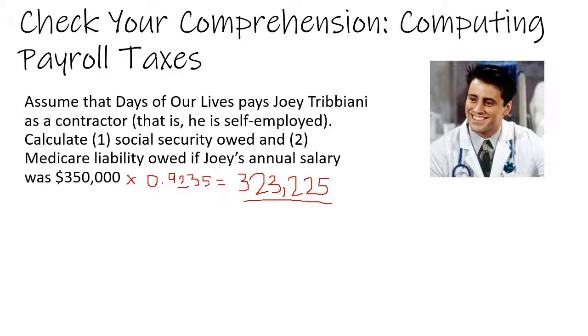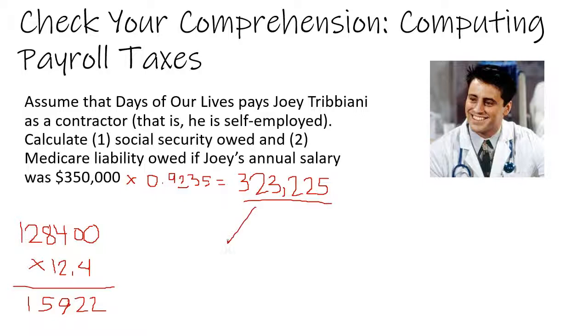Since this amount is greater than $128,400, which is the Social Security base, we know at a starting point that Joey owes 12.4% of the Social Security base, which is equal to $15,922. Now let's look at the Medicare portion.